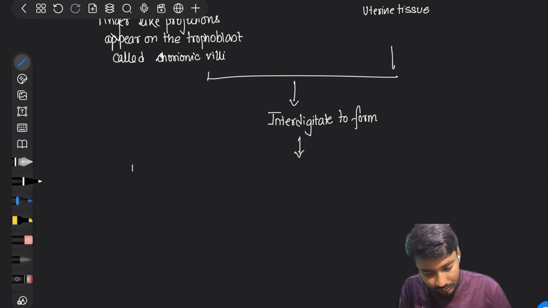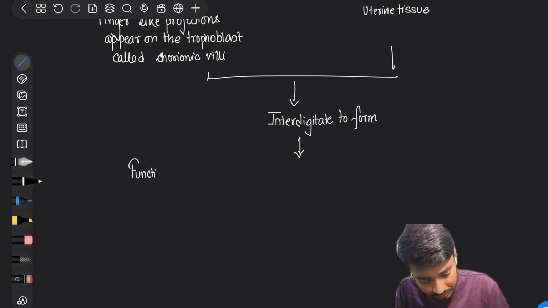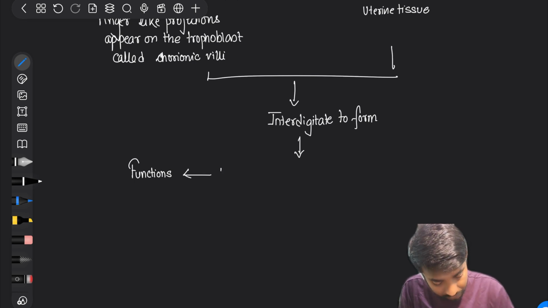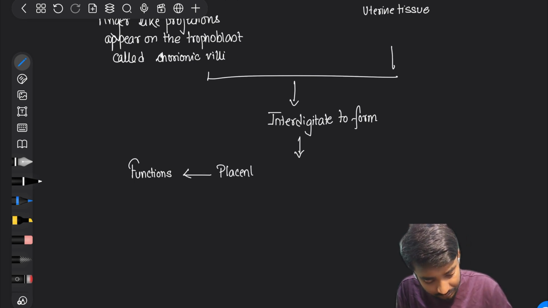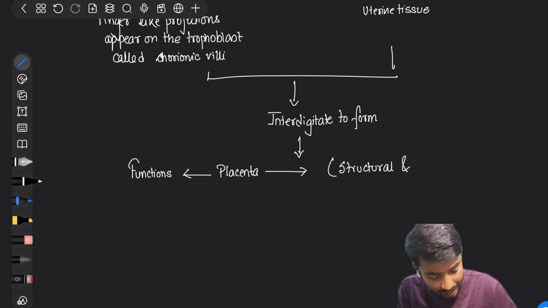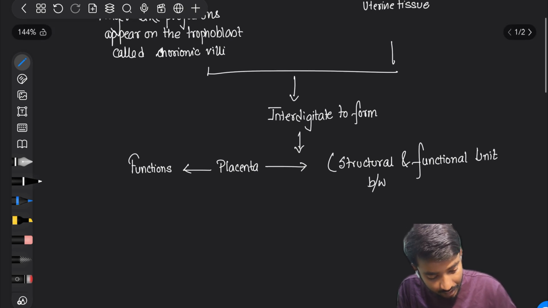Now the functions. The placenta, the structural and functional unit between embryo and fetus.